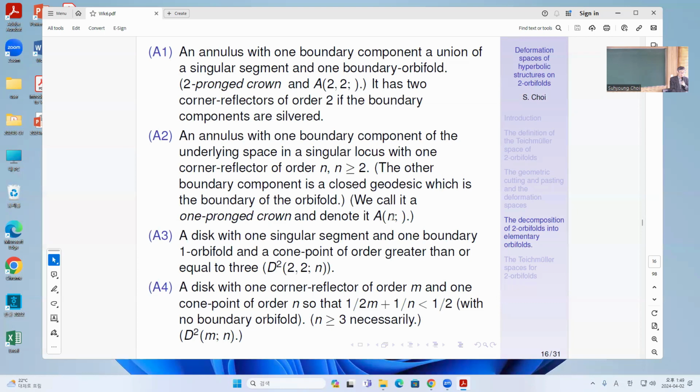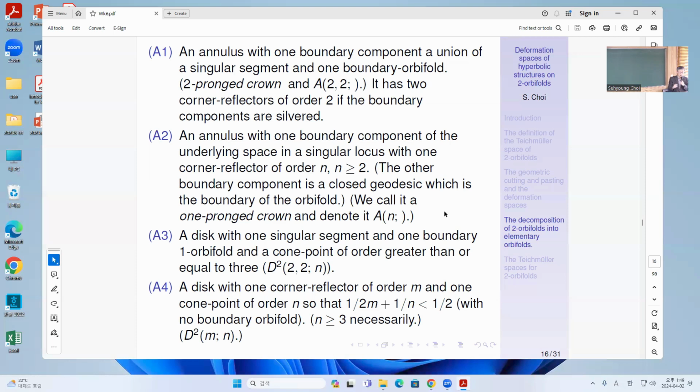So that's called A_n with the semicolon empty. Then there's A2, A3, a disk with one singular segment and one boundary orbifold, and the cone points of order greater than or equal to 3.